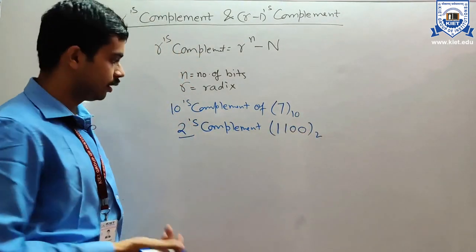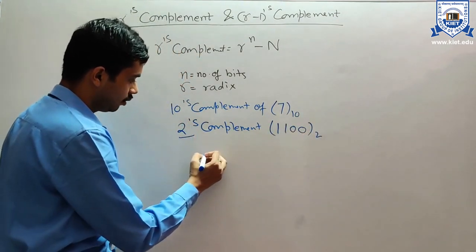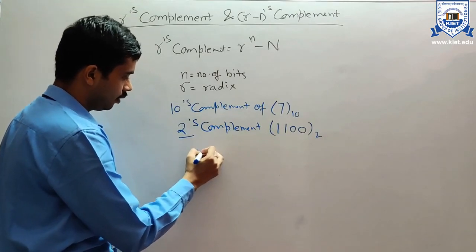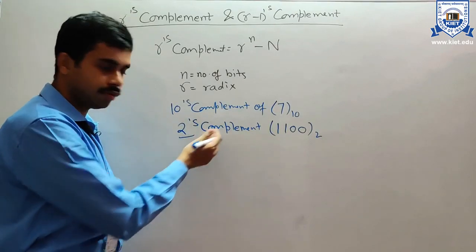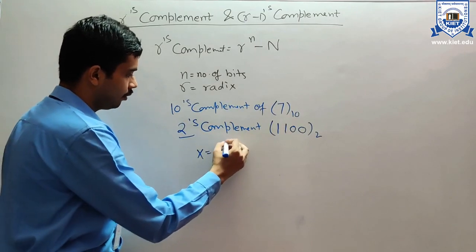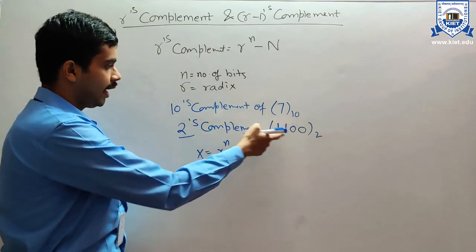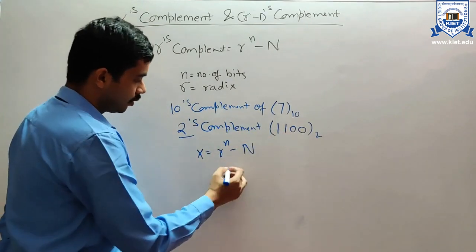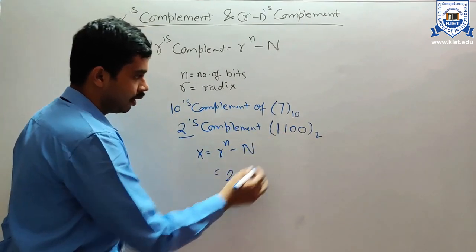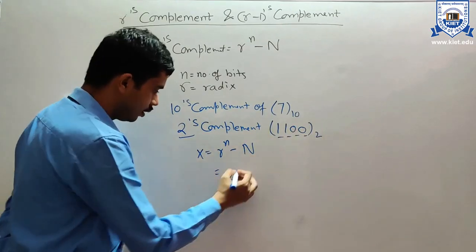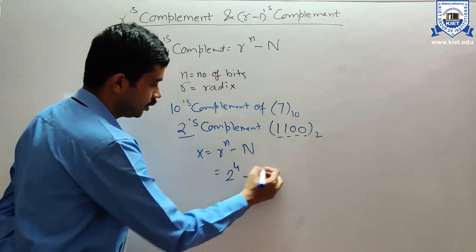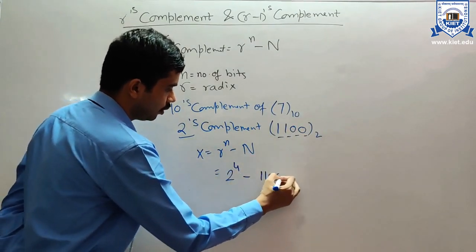How will we take it? First let x be the 2's complement, then x will be r to the power n minus N. R is 2, n is 4, so 2 to the power 4 minus 1100.